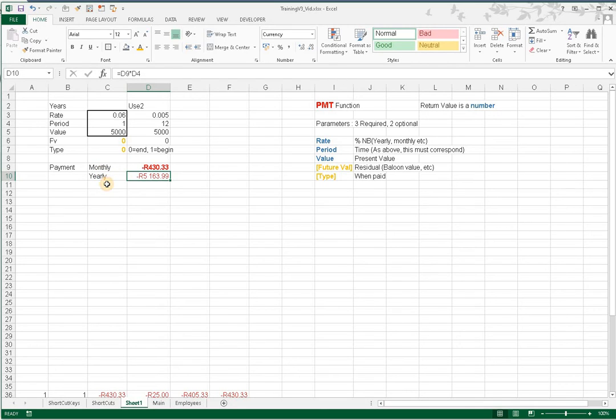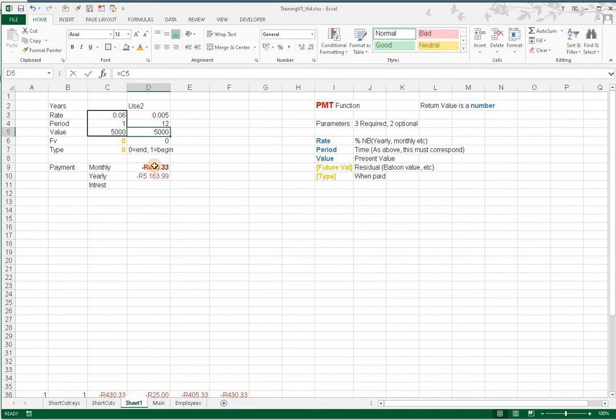Now, if I wanted to see what my interest is, and here comes the problem, if I take this value and subtract this value, I get a nonsensical result. My interest is not 10,000 Rand, so that is incorrect, and that is because I'm using negative numbers.